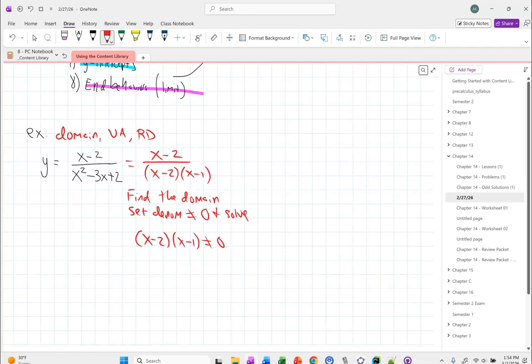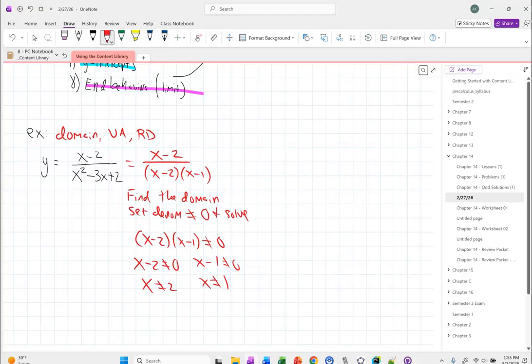Okay? Because I know if I'm dividing two numbers, if I divide by 0, that doesn't work. Right? So I need to figure out, okay, what gives me a divide by 0? So 1 and 2, right?